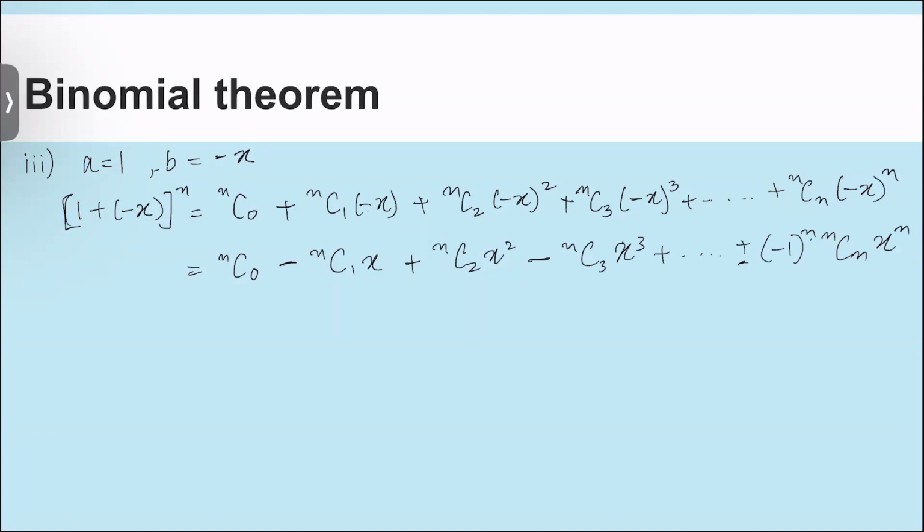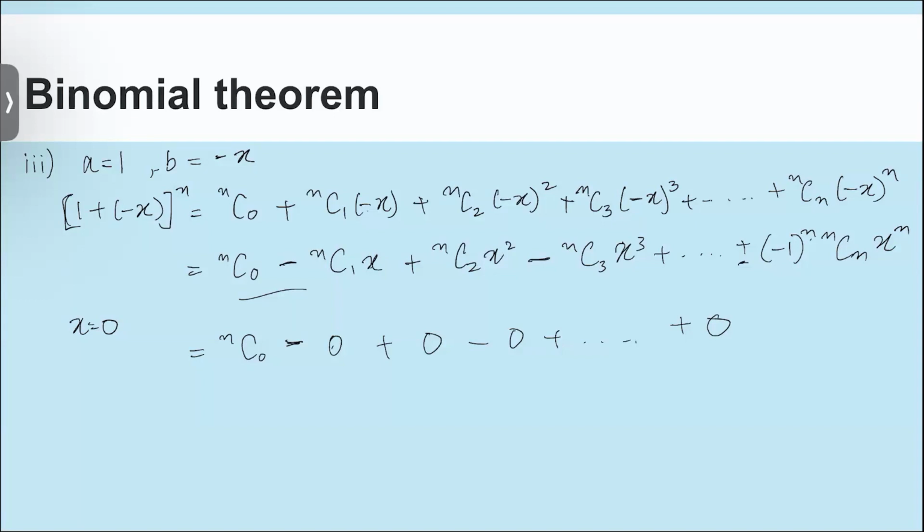So suppose now we take x equal to 0. Just substitute x in this expanded form. Your first term will be nC0, and the rest will become 0.